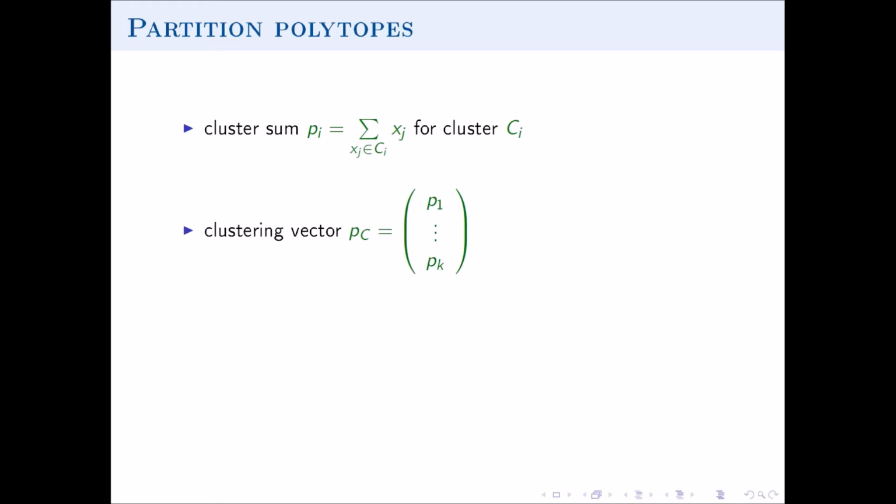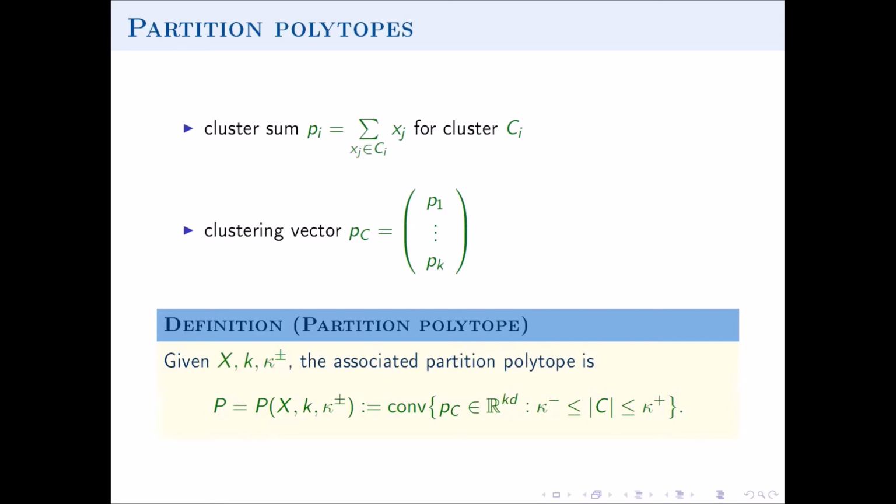So just sum up all of the geographical locations and then collect them in a large vector, or if you like, in a matrix. Just write them all together. This is going to give a clustering vector. And now a partition polytope is given by a data set, the number of clusters to form, and the lower and upper bounds on cluster sizes.